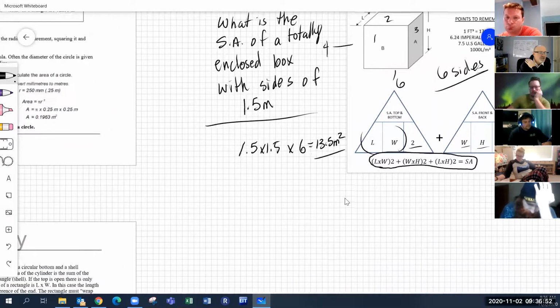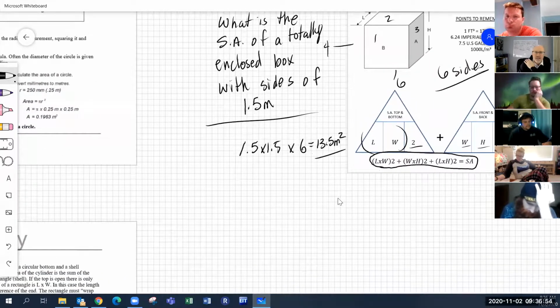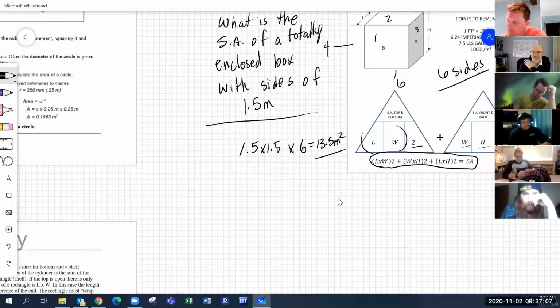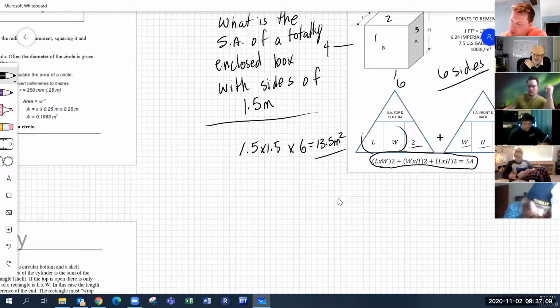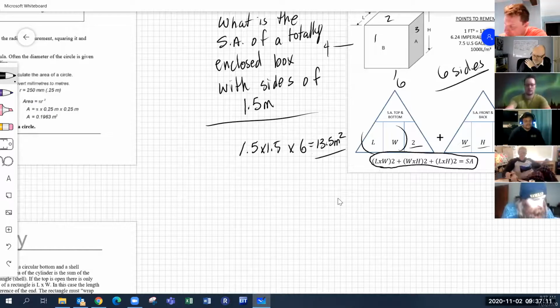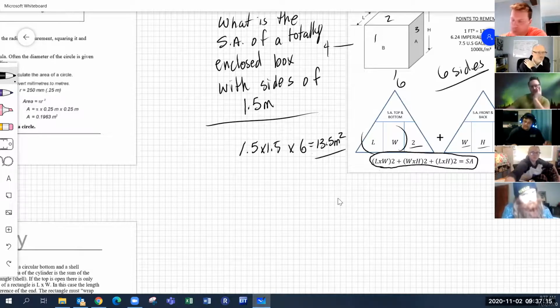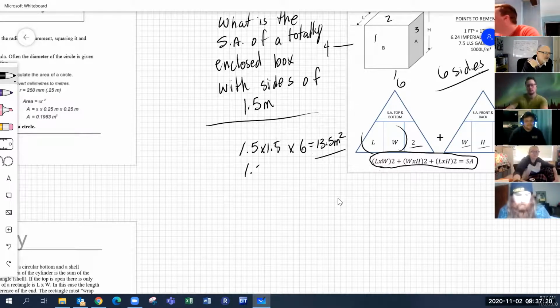Now, I want to know the area of the same box, but it has an open top. So open top. So what is the answer to that? Shout it out if you have it. 0.25 meters squared.